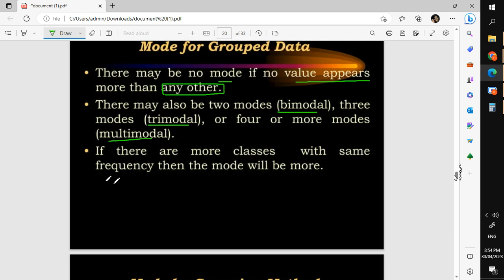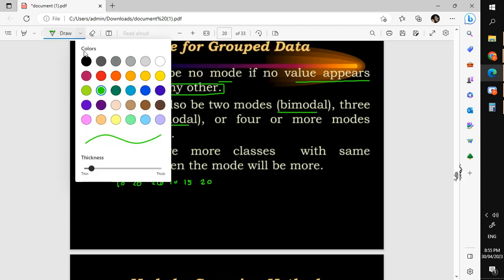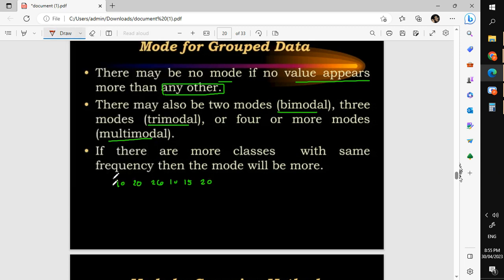Okay, for example, ang imong data is 10, 20, 26, 10, 15, and 20. In this case, we have frequent data which is 10, okay, kaduha siya, and then 20, kaduha pod. So they have the same frequency, therefore we have two modes. This is bimodal.